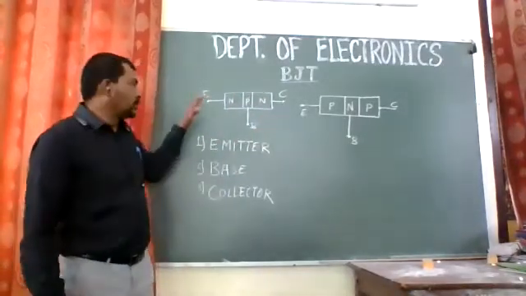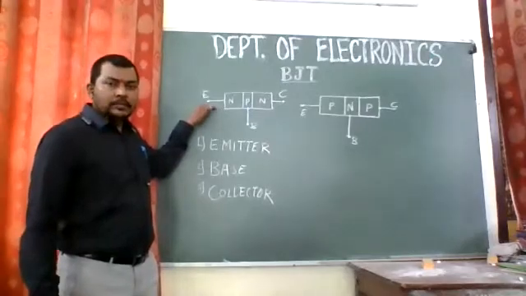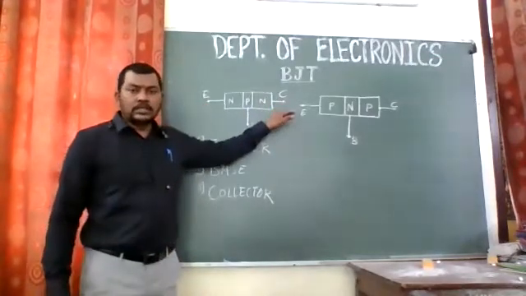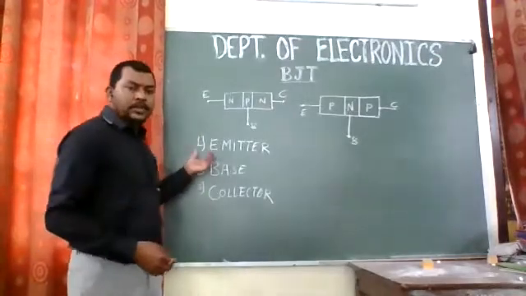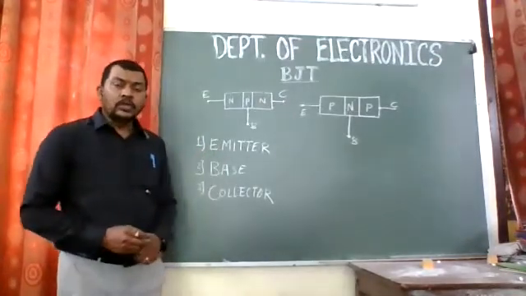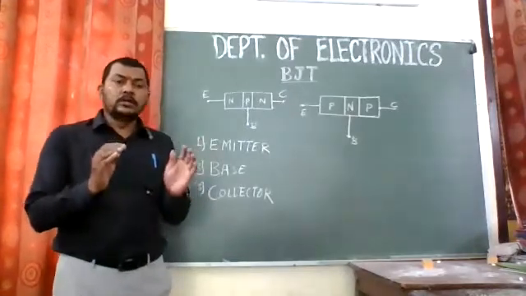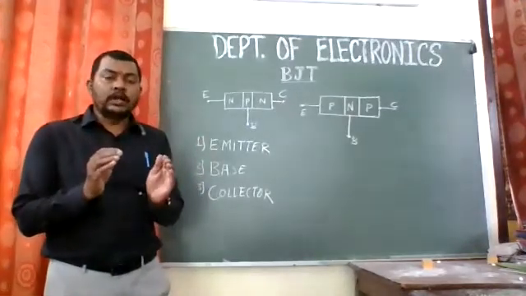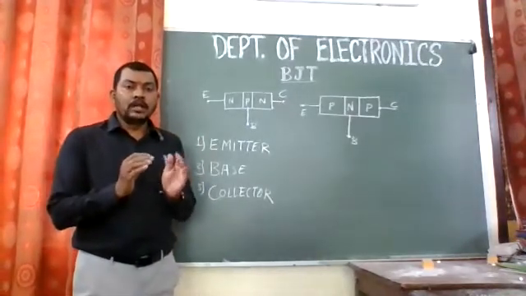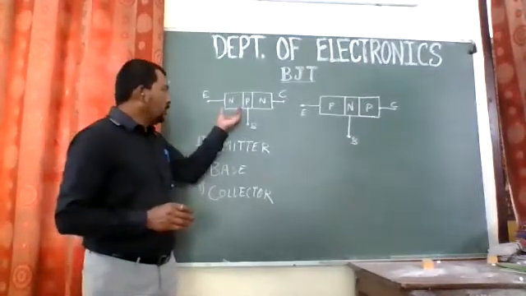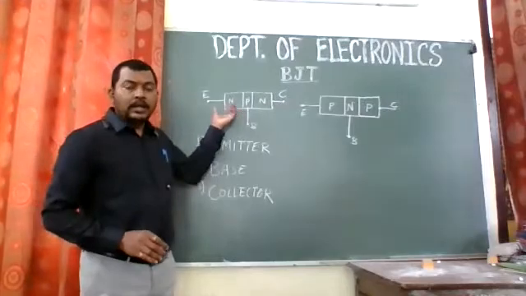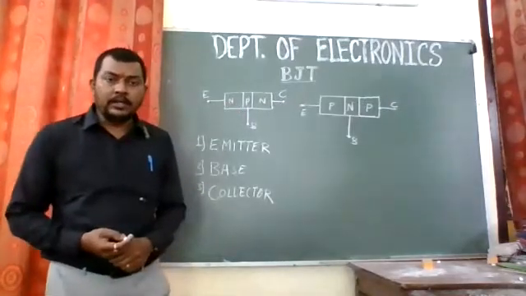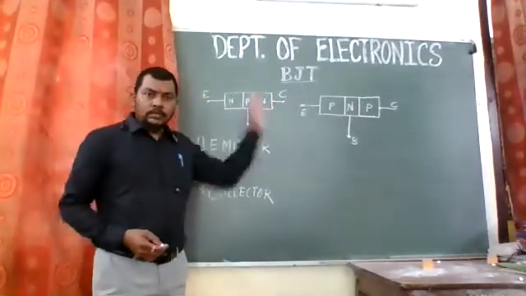Now let us begin with this. Why do we call this an emitter, this base, and what is the collector? So please remember these words. What is the emitter first? The emitter is the moderate portion, and it is very heavily doped.